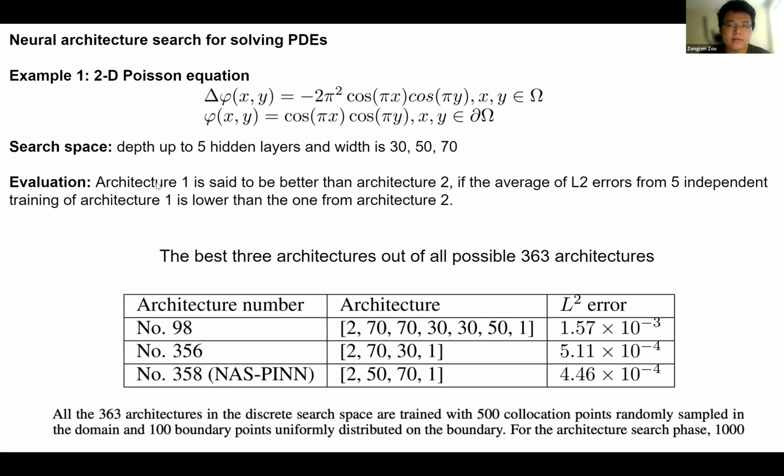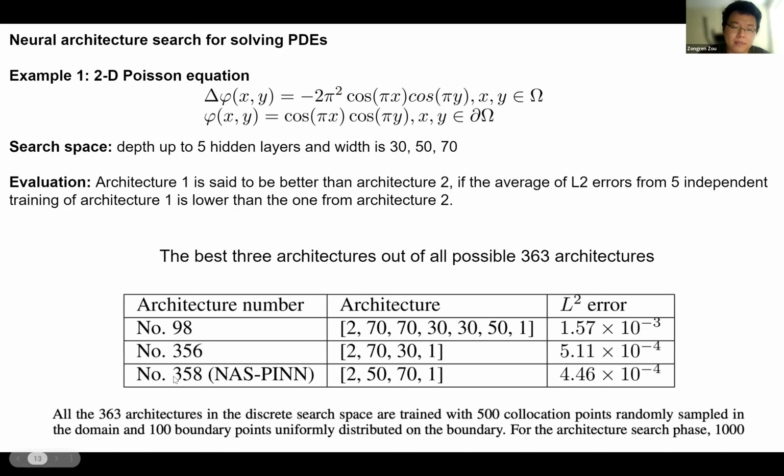Suppose we have two architectures, architecture one and architecture two. Architecture one is said to be better than architecture two if it has lower average L2 errors from 5 independent trainings. For this problem, they test all the possible architectures, 363 architectures, and in this table they show the best 3.